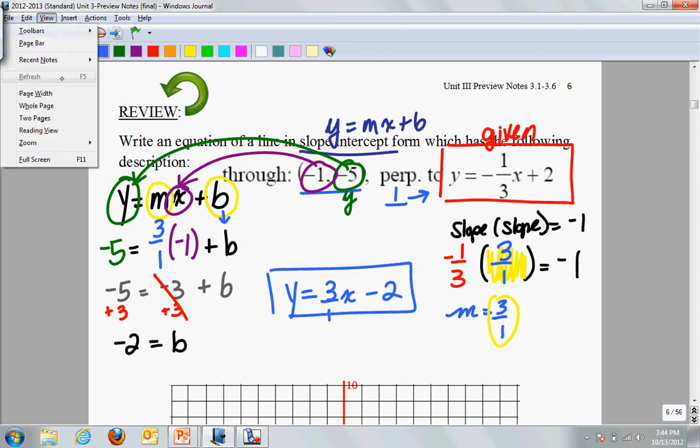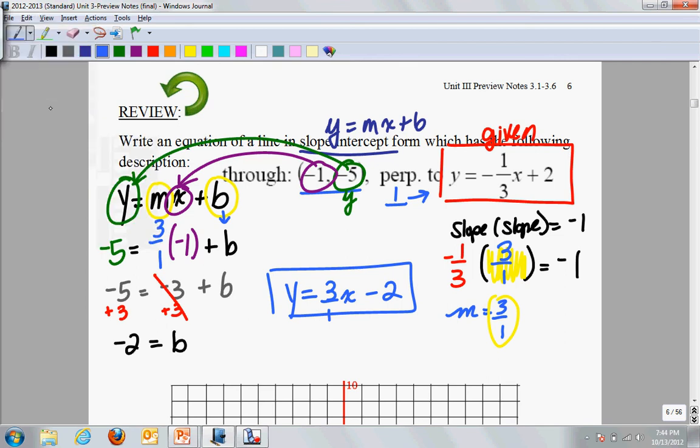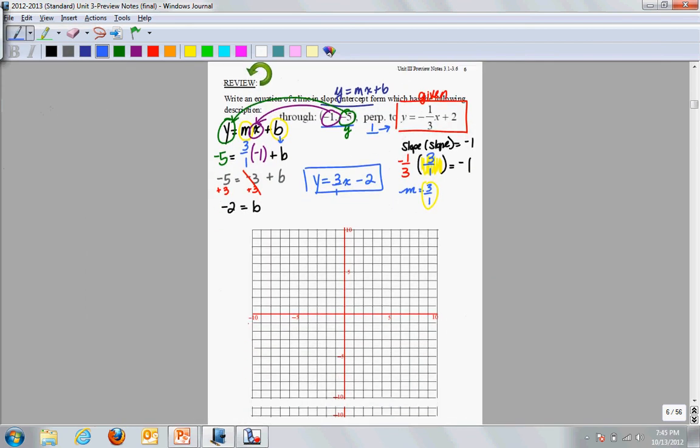Let's see if this actually works when we put this on the graph. Our given line, y equals -1/3 x plus 2, so we start at plus 2. It's a negative slope, so I'm going to go up 1 and to the left 3, or down 1 and to the right 3.